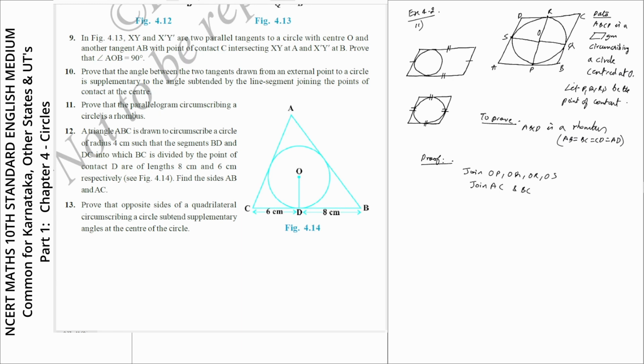AC and BD are the diagonals. Since diagonals bisect each other, they pass through the center of the circle. Okay, diagonals pass through O, because diagonals bisect each other.